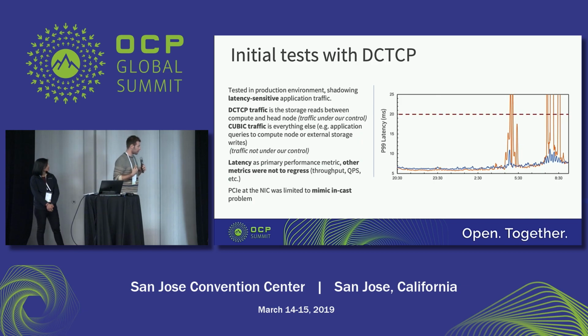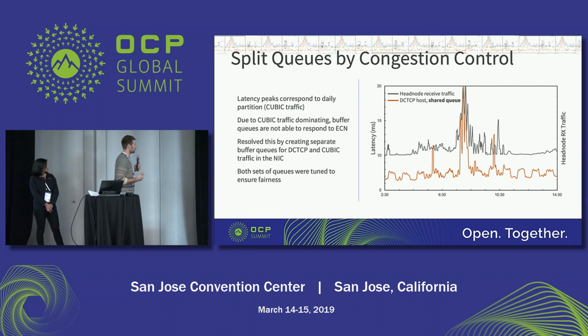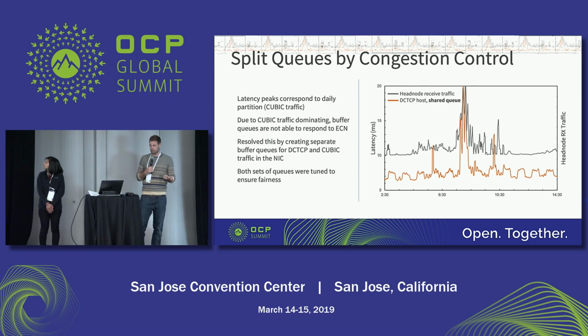But as I said, we also did some iPerf tests. The reason we did those iPerf tests was because we wanted to see if we could break stuff. And that actually led to, I think, one of the most important findings we had, which was congestion control interference. One of the problems you run into is if you are running DCTCP in our controlled system, which is the head nodes, any sort of extra traffic we add in like iPerf, and the compute nodes, then you also have other traffic from outside, which is all the requests coming in over the system.